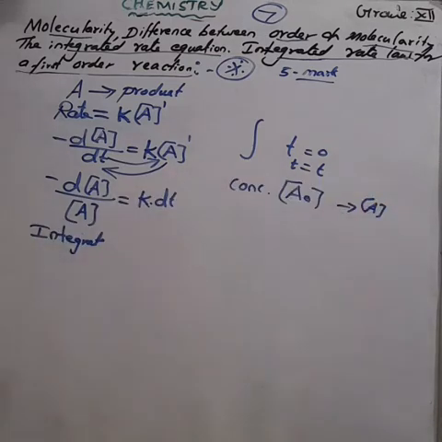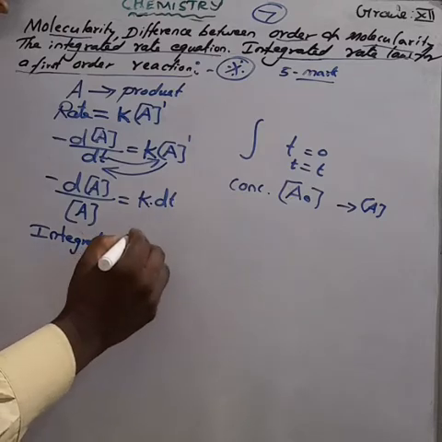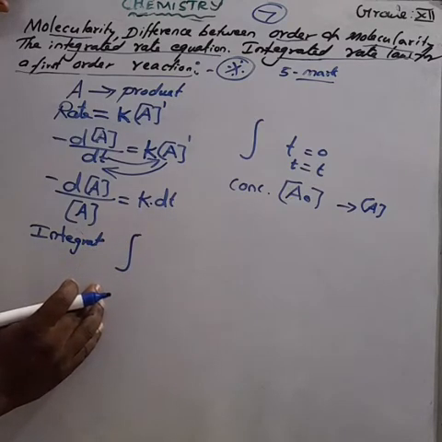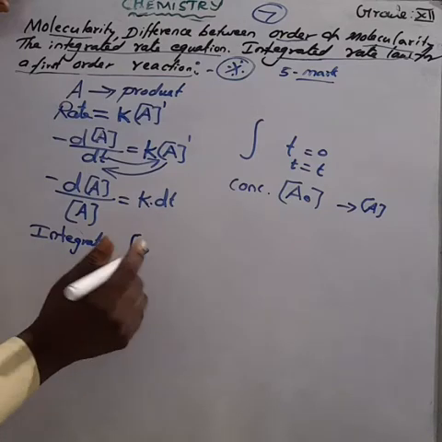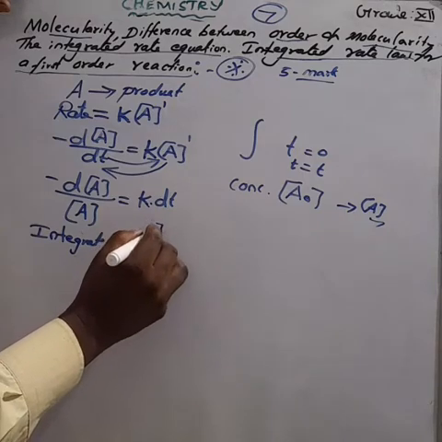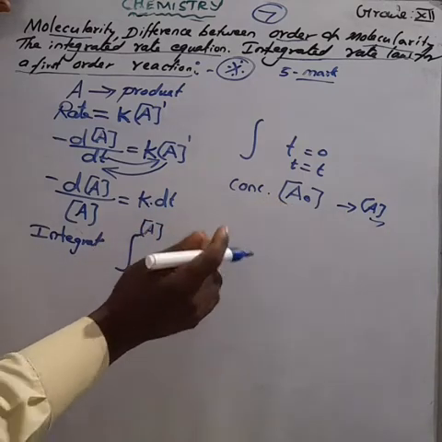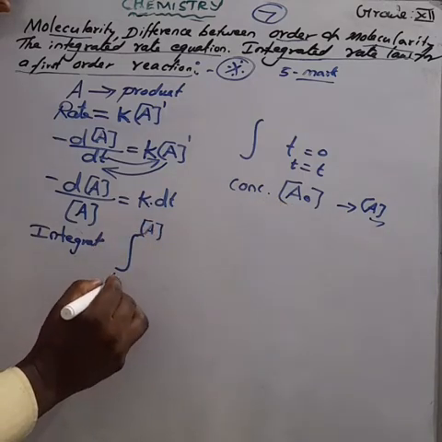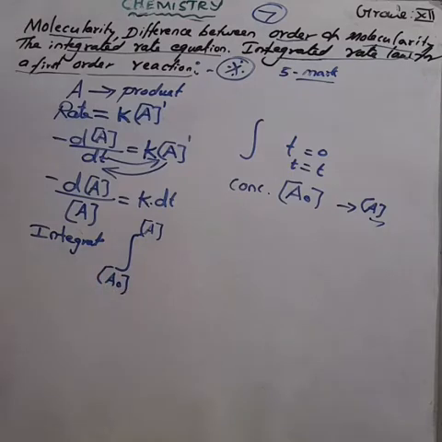Next, I am going to integrate the equation with two limits, the upper limit and the lower limit. The concentration upper limit is A, and the lower limit is A naught.